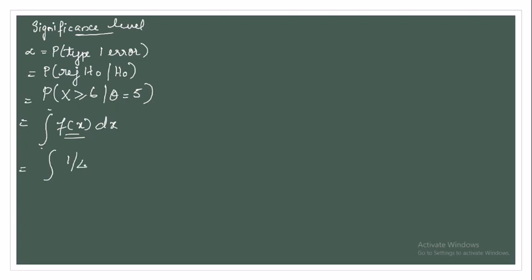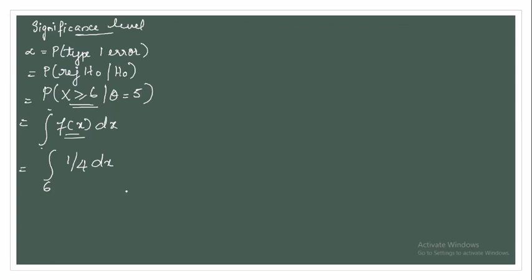So write 1 by 4 dx. What about the limits? The lowest value that you can take over here is 6, since your critical region is x greater than or equal to 6. So you can write 6 here as a lower limit.